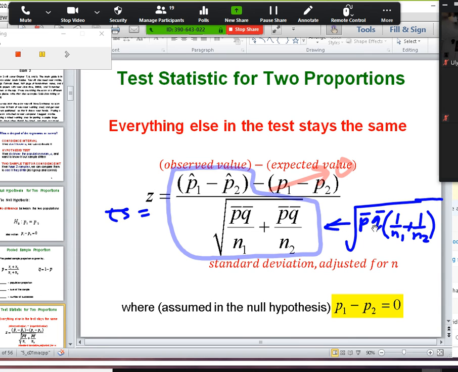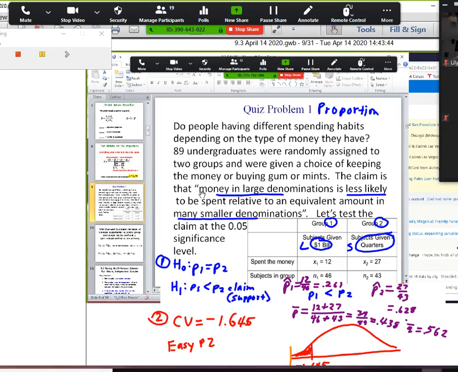Square root of P bar Q bar, so again, you need that P bar and Q bar, the pooled sample, times 1 over n1 plus 1 over n2. And then don't forget to square root it before you divide. So I highly recommend you find the numerator, and then find the denominator, and then divide them. Find the top first, and then find the bottom, and then divide them afterwards. It's just a lot easier.